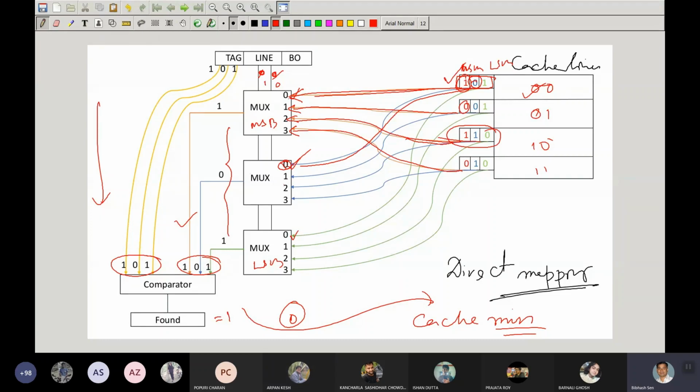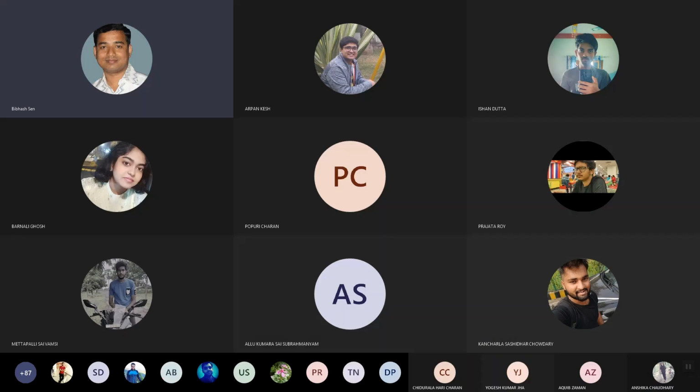Now, suppose today I'm just opening the Miro again. What we are doing here today is another problem of this direct mapping. I consider it in the context of main memory to cache memory.